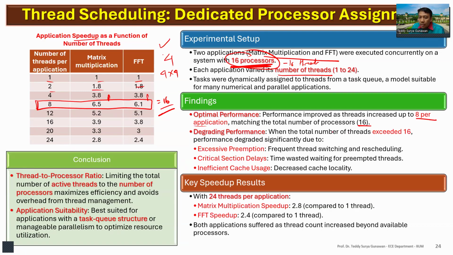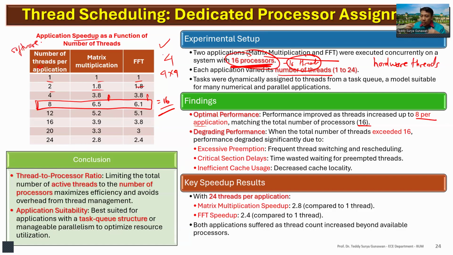We have seen this one. If we have more threads than the available processors, remember that this is a software thread, and the actual one you need to match is the hardware thread. The one in the processor is hardware threads, and this is a software thread.